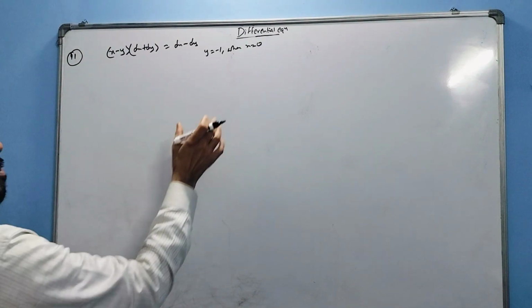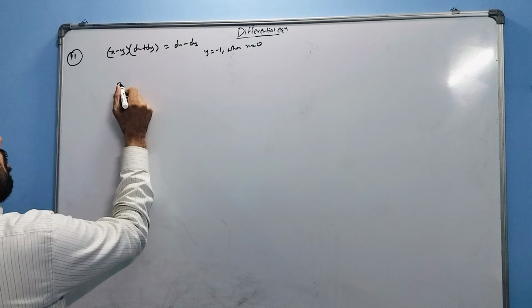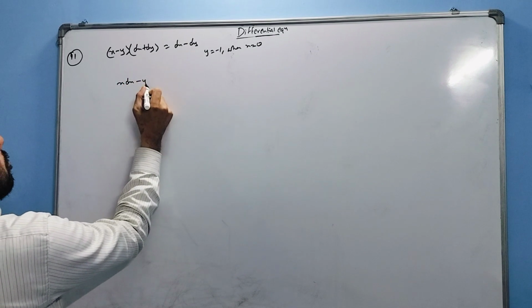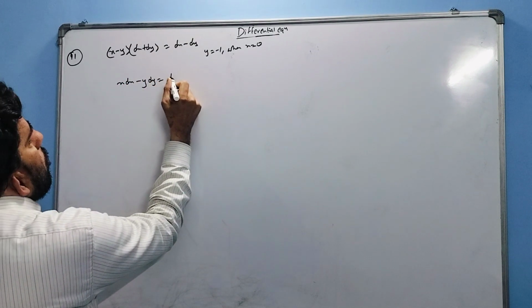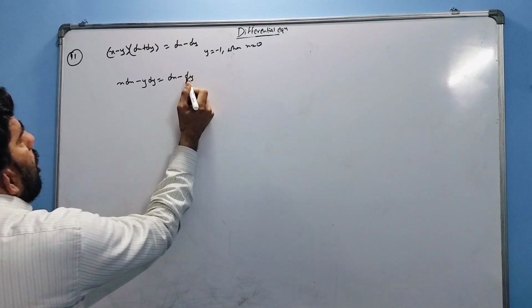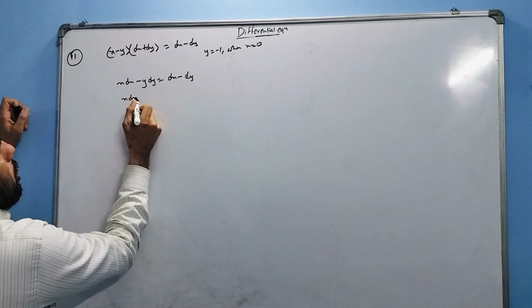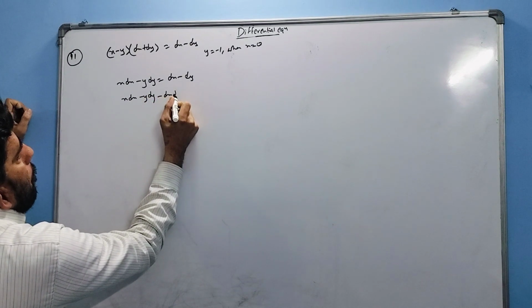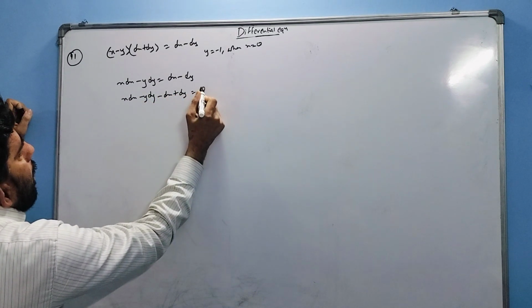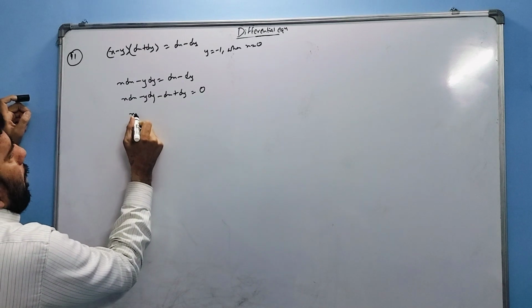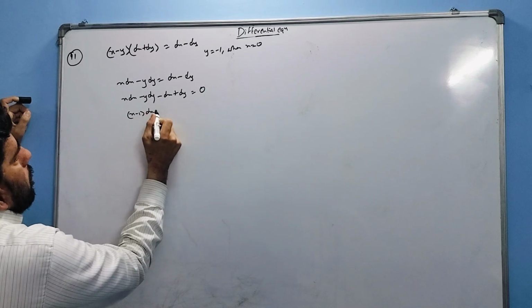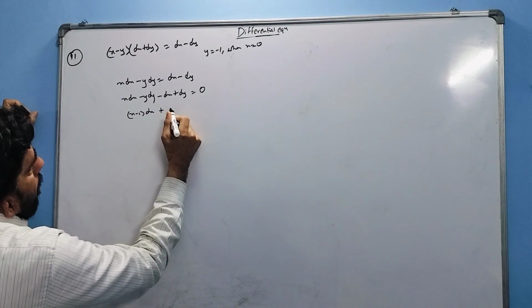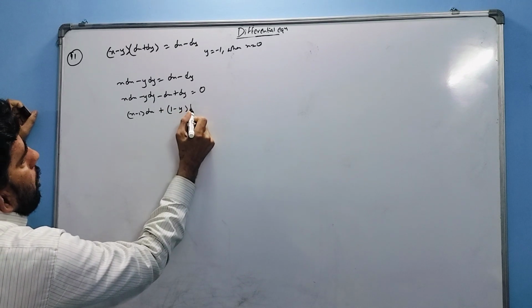So now let us rearrange this. x dx plus y dy is equal to dx minus dy. Take that side: x dx minus y dy minus dx plus dy is equal to zero. Take x common: x minus 1 dx plus 1 minus y dy is equal to zero.